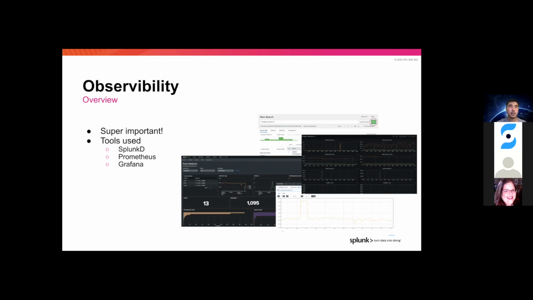Another tool we use is Prometheus. We're running on Kubernetes, so it's convenient for us to use Prometheus to scrape metrics from all of our containers and pods. And then we also leverage Grafana to do some dashboarding of those statistics that are sent to Prometheus.